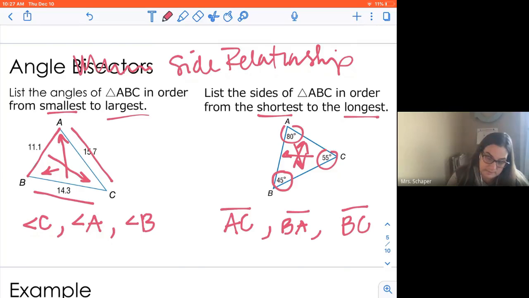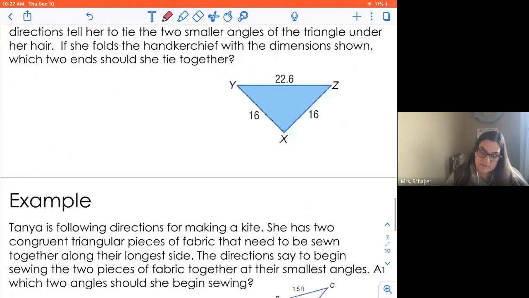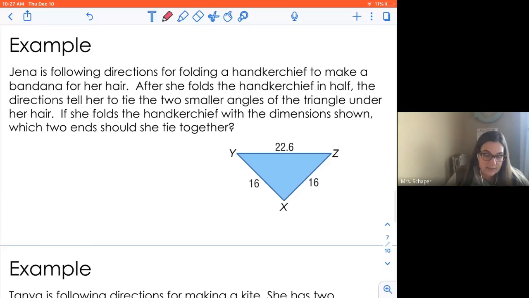Let's see what we got here. Jen is following directions for folding a handkerchief to make a bandana for her hair. After she folds the handkerchief in half, the directions tell her to tie the two smaller angles together. Which two should she tie together? The smaller angles are opposite the smaller sides. Z and Y are what she should be tying together.